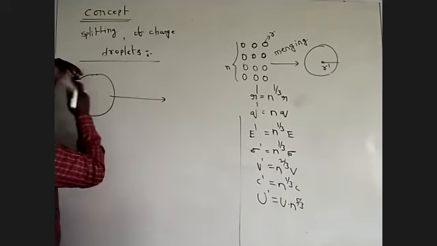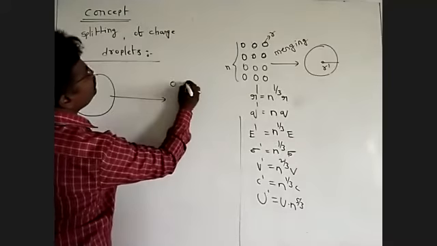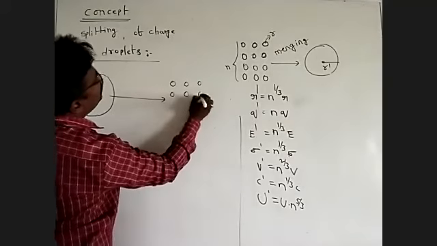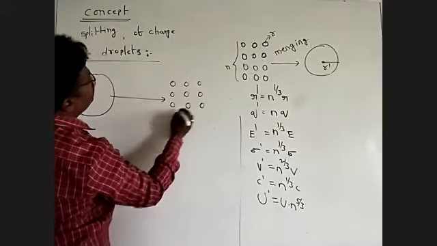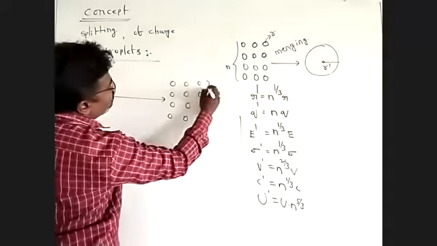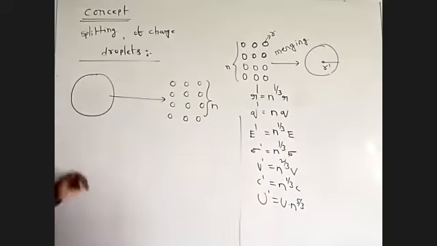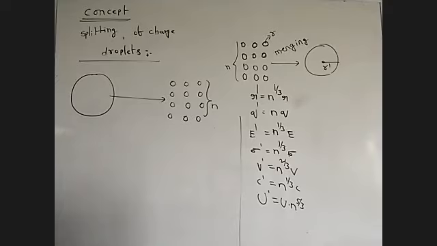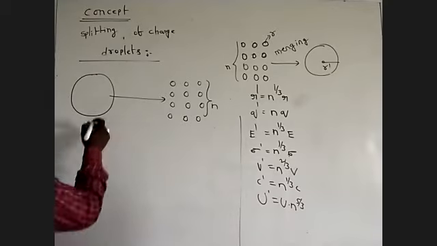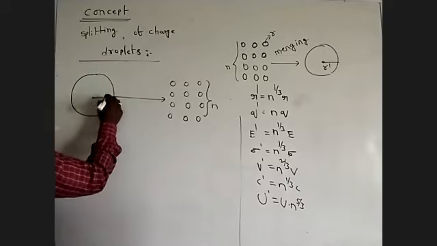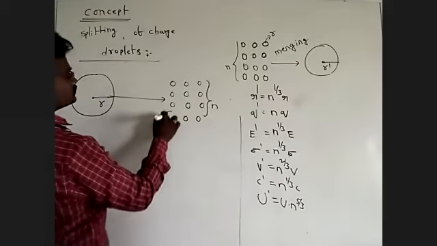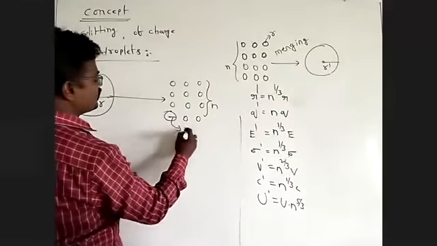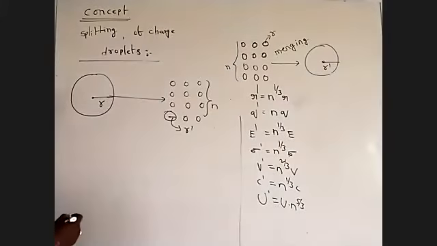This can be split into a number of small water droplets, where now the radius is R dash.